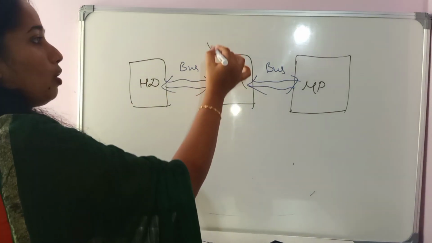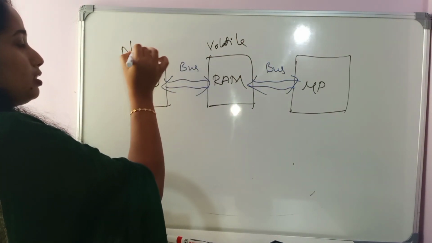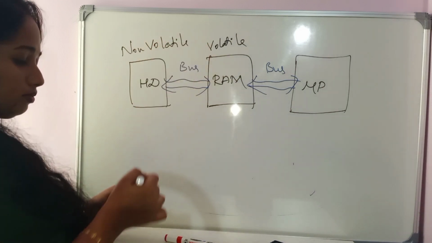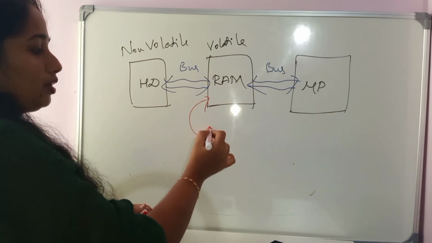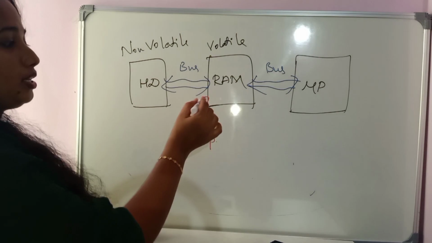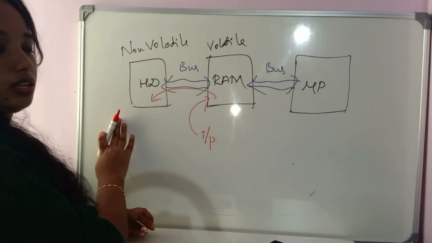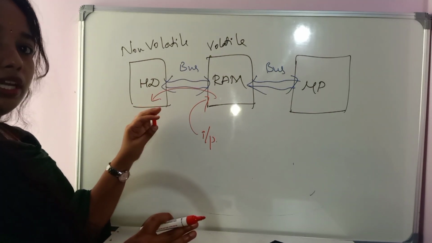RAM is a volatile device and hard disk is a non-volatile device. So whenever we give input to RAM, a copy of the data will be stored in the hard disk, so that when the computer is switched off, the data will not be lost.